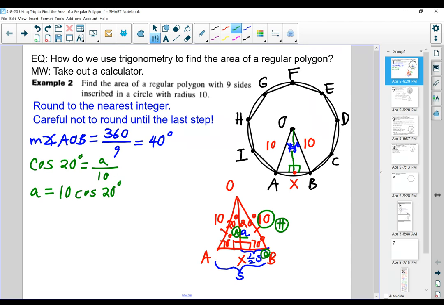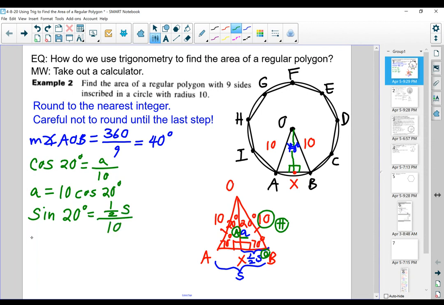Okay, and then the side that has the half of s involves the opposite, and then we can use the 10 again. So the opposite and the hypotenuse, which is the 10, we'll be using sine here. Sine of 20 degrees is half of s over 10.